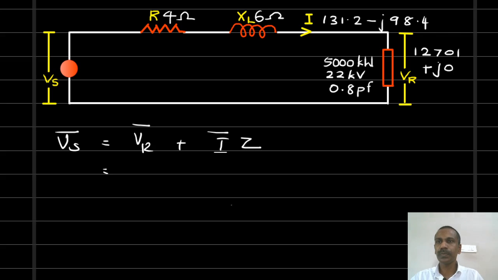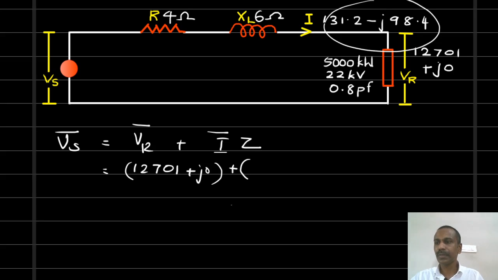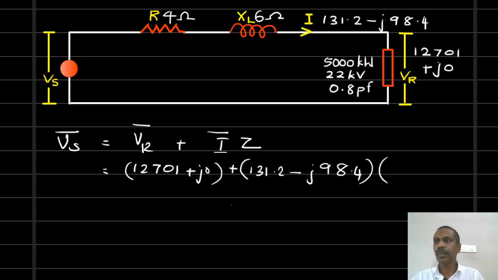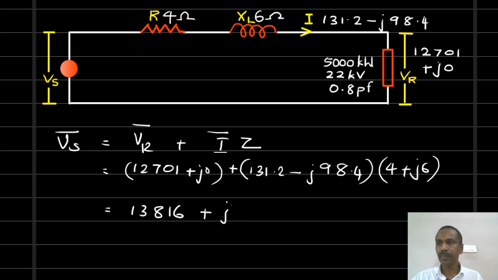This is equal to the receiving end voltage 12701 plus j0 plus the current 131.2 minus j98.4 into the impedance 4 plus j6. The sending end voltage equals 13,816 plus j393.6.